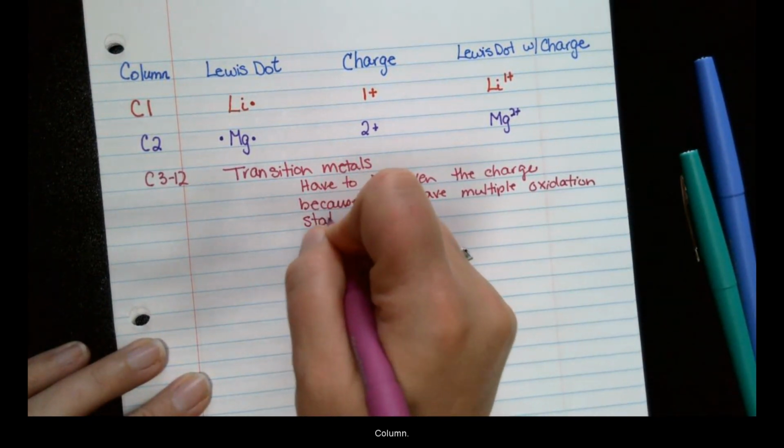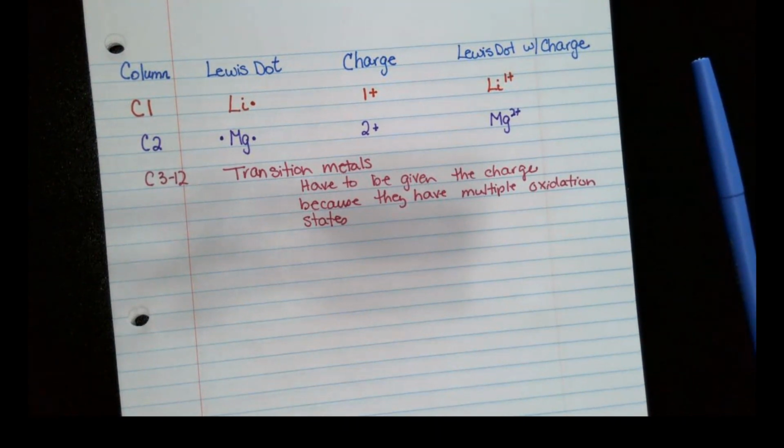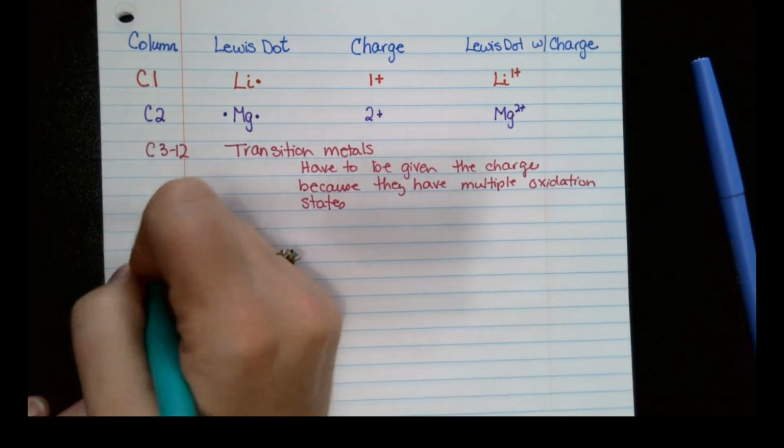So for columns 3 through 12, these are your transition metals. You either have to be given the charge or a way to find the charge because they have multiple oxidation states.